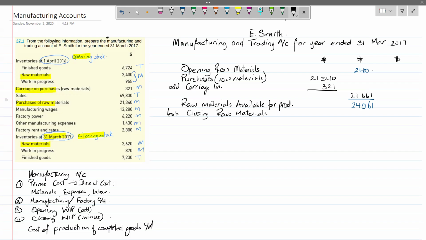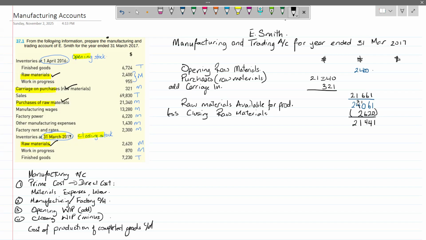A good habit is, as you use these things off, you tick them off. So I'm subtracting 2,620 from this. 1 take away 0 is 1, 6 take away 2 is 4, and I borrow 1 from here. 10 take away 6 is also 4. 3 take away 2 is 1.